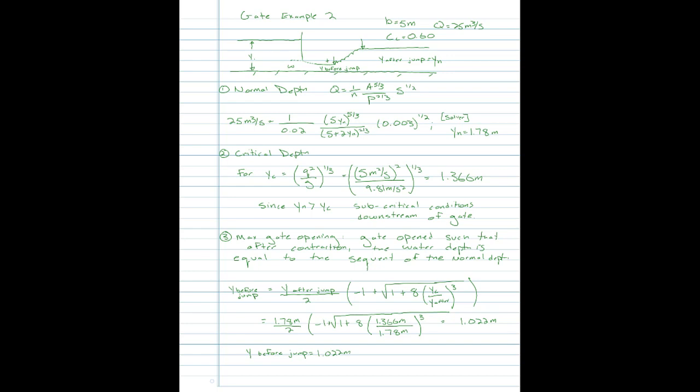So we're setting the depth after the jump equal to the normal depth because that is as close as we can get to the gate. If we open the gate wide, the jump comes nearer the gate. So the sequent of the normal depth is this Y before the jump, and we've just found that. Now we're going to calculate, if we scale that down for contraction, how much the gate can be opened.